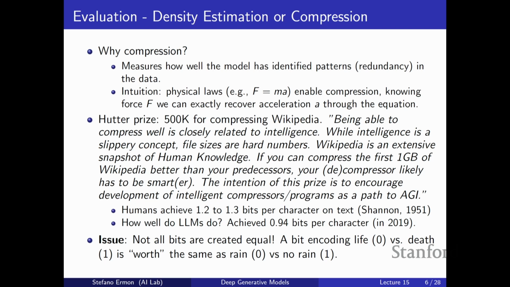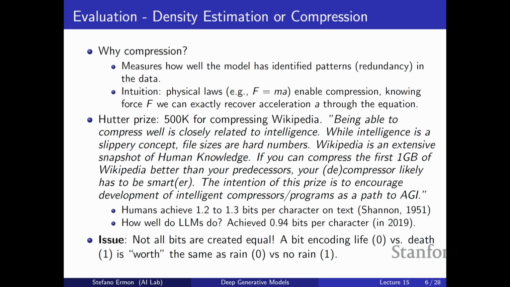Compressing one or compressing the other is the same from the perspective of KL divergence or maximum likelihood, but obviously it doesn't reflect the way we're going to use the information in downstream tasks. And so there are some serious limitations of what you can say by just comparing models in terms of compression.